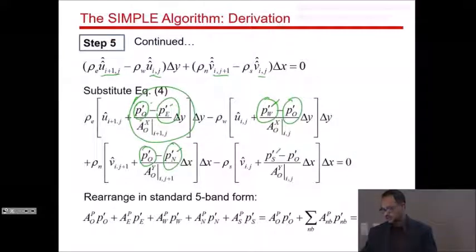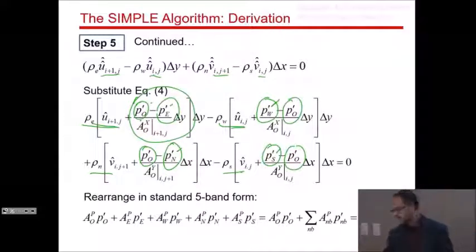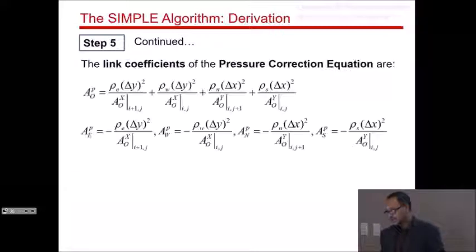One to the diagonal, one to the northern coefficient, one to the southern coefficient, one to the diagonal, and so on. And then these terms here, we're going to transpose over to the right-hand side and call it S naught P. Everything with a single hat, we are going to throw to the right-hand side of the equation and call it S naught P. So that's what this equation is. Once you do that, these are what your link coefficients come out to be. This is simple algebra, basically comparing it to the 5-band form and then figuring out what those coefficients are.